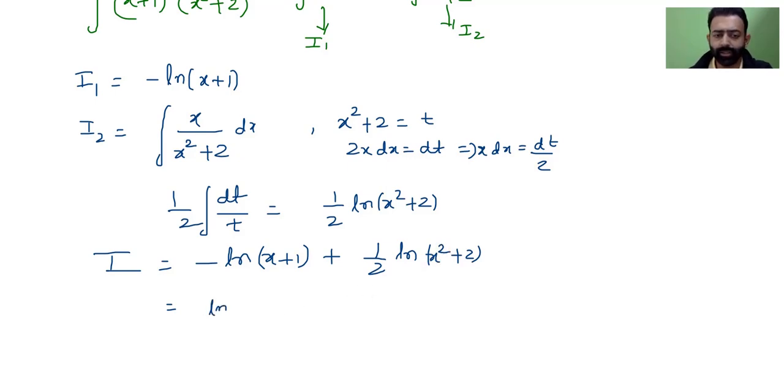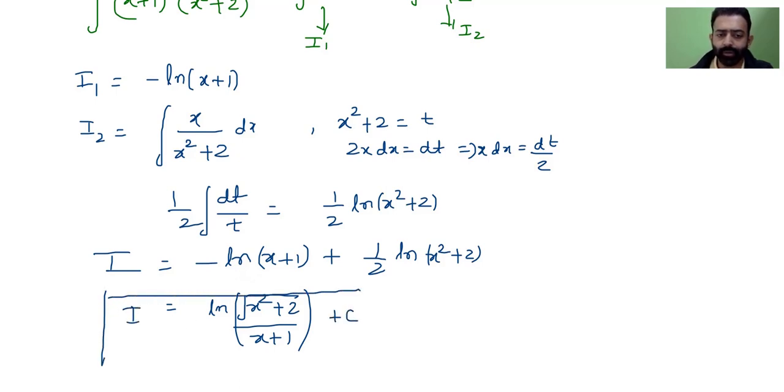So I am writing this as root of x square plus 2 over x plus 1, right? Combining both the properties, that a ln x is ln x raised to power a, which is this root, and then log a minus log b is log a upon b, right? Plus c. This is your final answer, right?